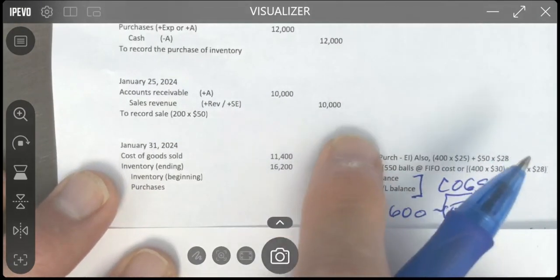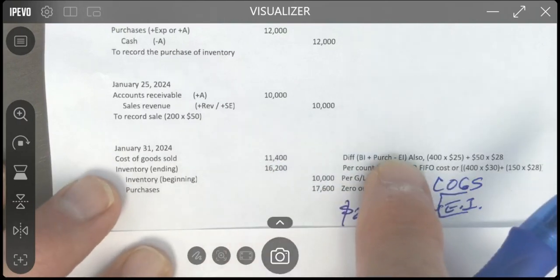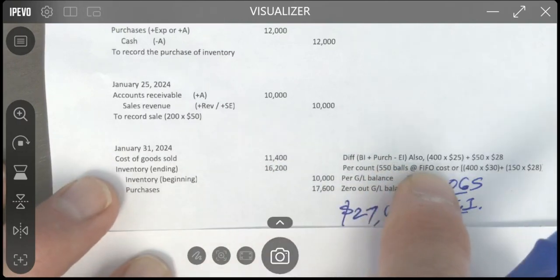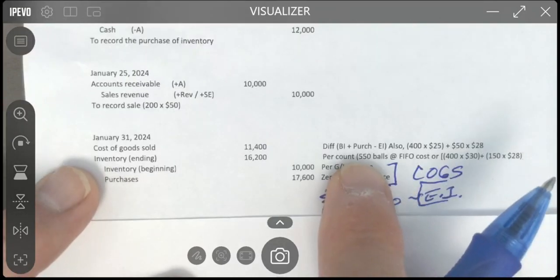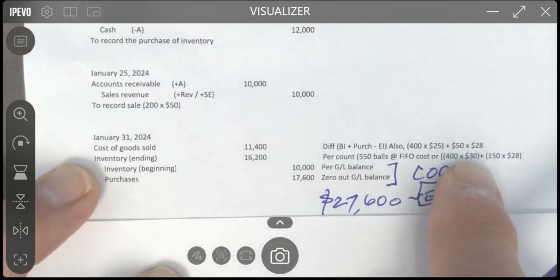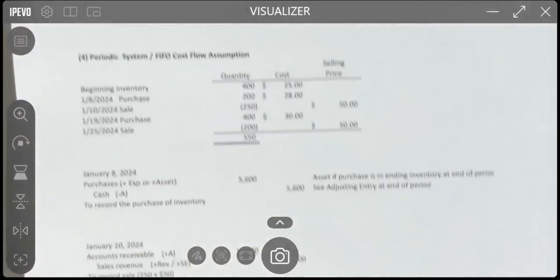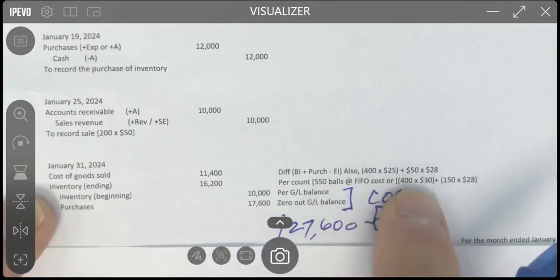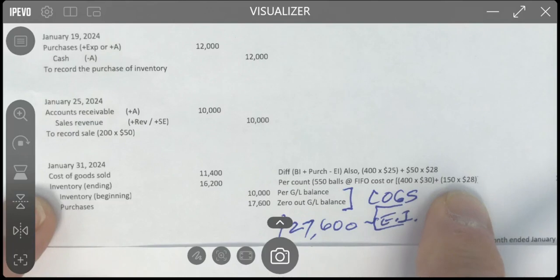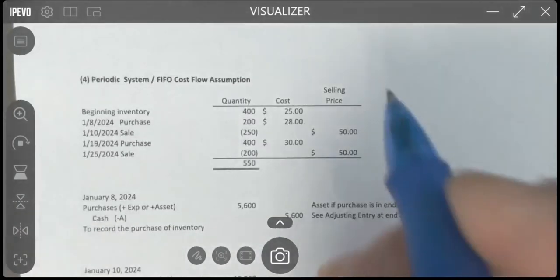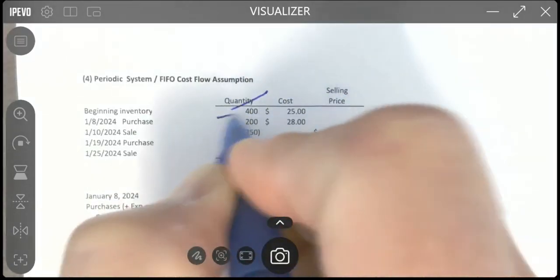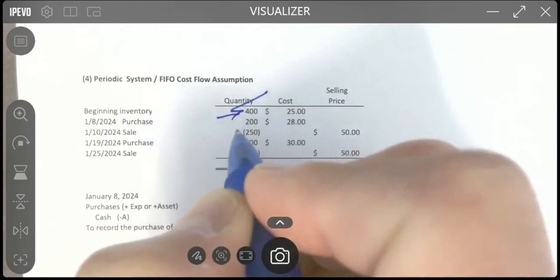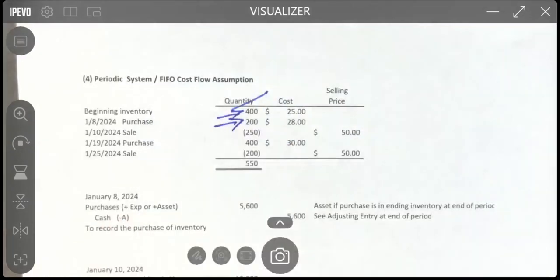And you may do it in either order. You can compute the ending inventory as the 400 at 30 and the 150 at 28, because the 450 we sold are assumed to be those 400 and 50 of those.